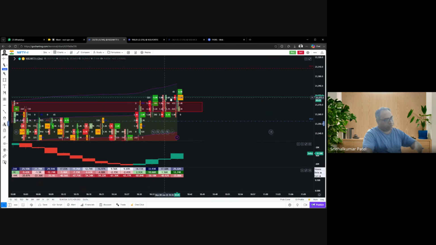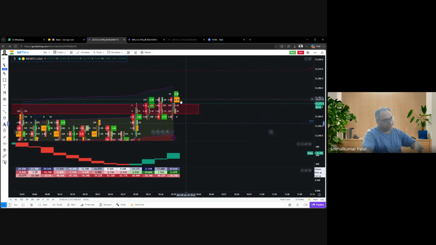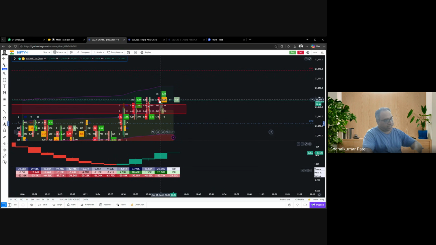Then the sell orders came and exhausted some of the buy orders. So the yellow color that you were seeing has turned into green. Those are exhausted orders. The buy orders that were there have been exhausted or absorbed by the sell orders, or executed against the sell orders.